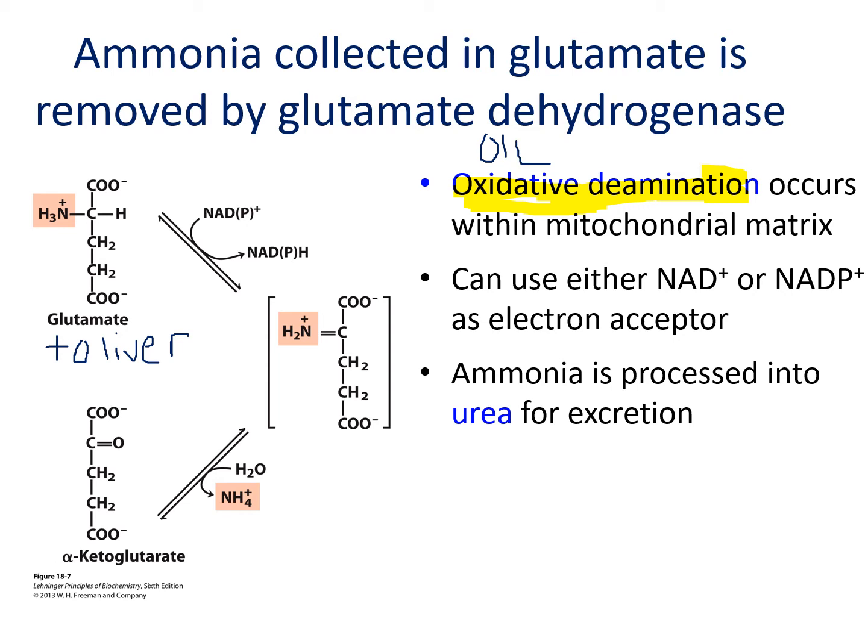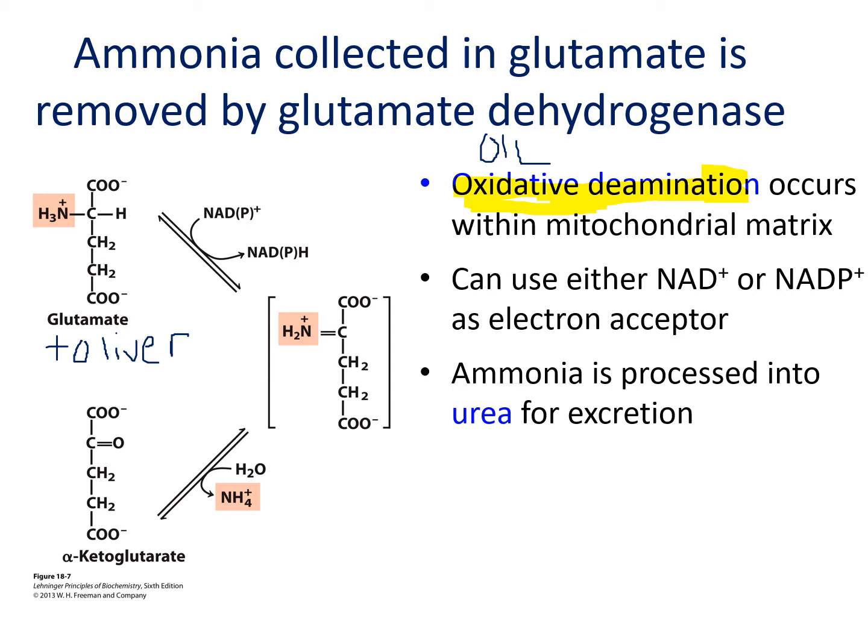Well, I'm going to give them to an electron carrier, and that's either going to be FAD or NAD plus. So I'm going to give those electrons to NADP plus or NAD plus, either of those, whichever one I have most abundantly around in my liver. So I'm going to give those electrons to NAD plus, and I'm going to create this now oxidized intermediate.